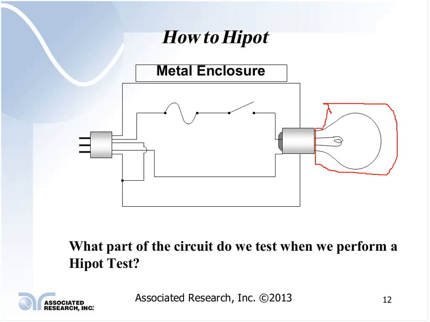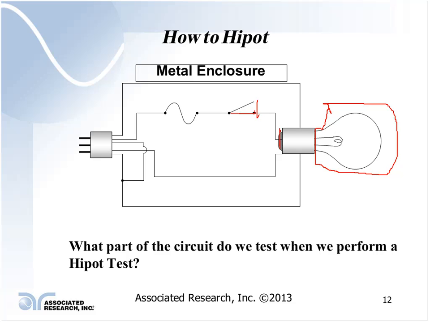So that just makes it all the more important to verify that this product is in fact wired properly, and that whenever I do this test, the power switch must be in the on position to make sure that the circuit between the switch and the hot conductor going into the bulb gets tested.